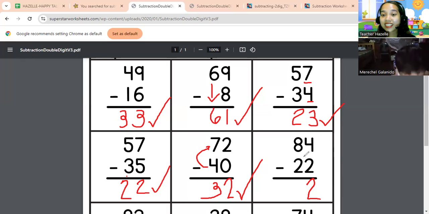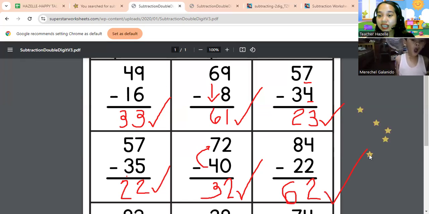You can do it. Okay, one more time. 8 minus 2 equals 6. Very good. What's the final answer, Ivan? The final answer is 62. Very good. Keep up the good work, Ivan.